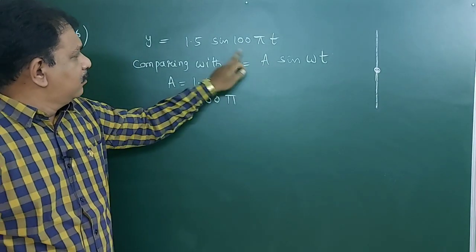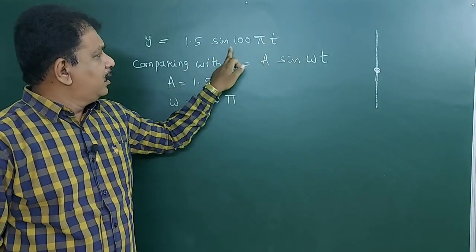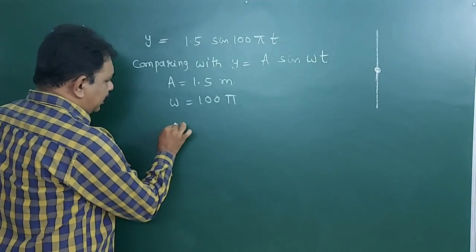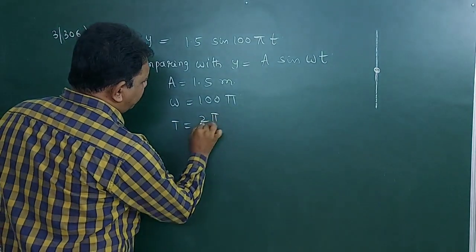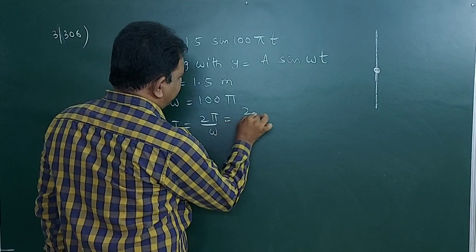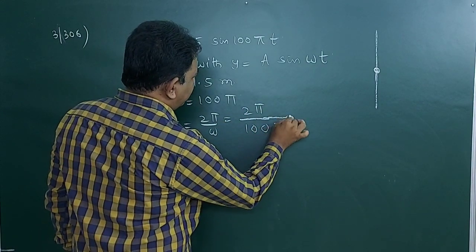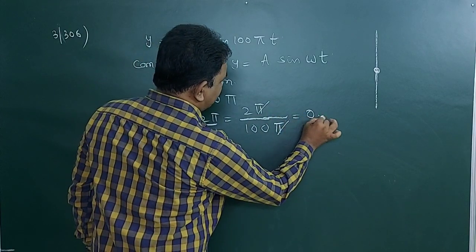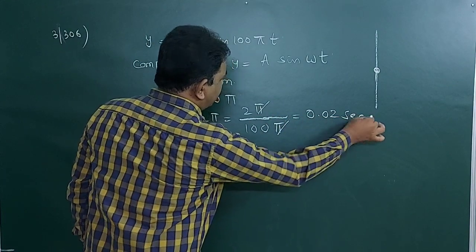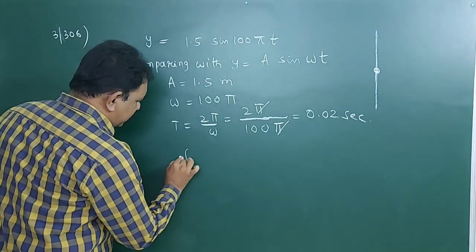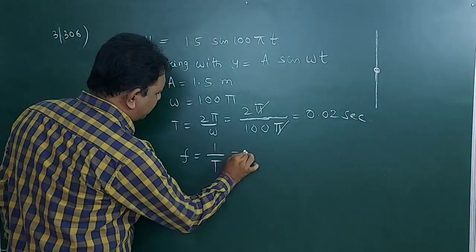Understanding, ma? a is 1.5, in place of omega 100π is there. Then the time period will be how much? 2π/ω, 2π/100π. π will cancel. 0.02 seconds. Then frequency is 1 by time period.